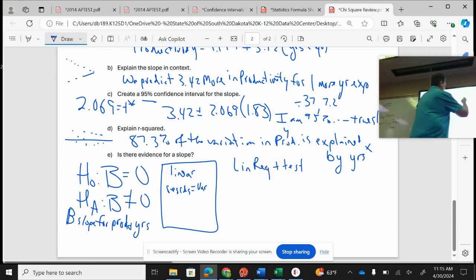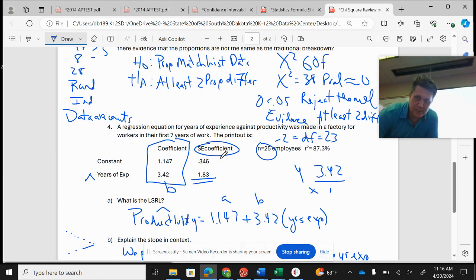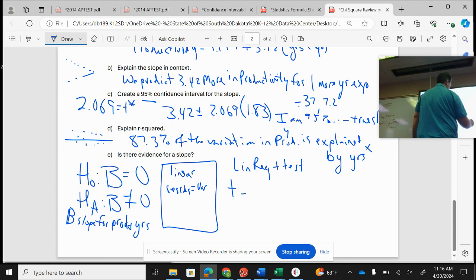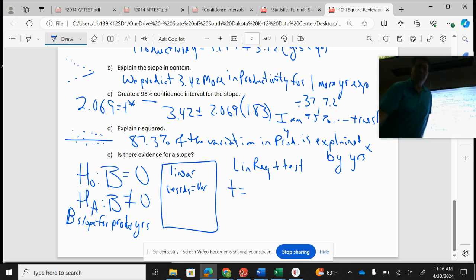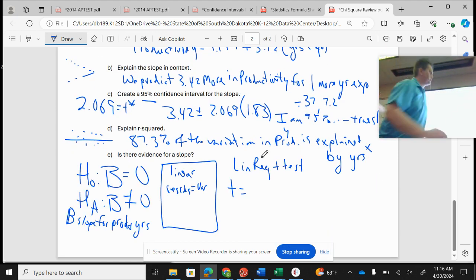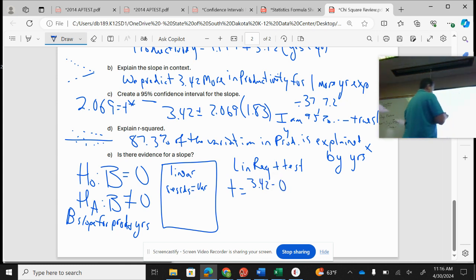Now, usually the linear regression t-test is here. A lot of times it gives you the t-score and the p-value. I don't have it there. I didn't put it there on purpose. So for your t-score, you would take your slope, which is 3.42, and you subtract 0.